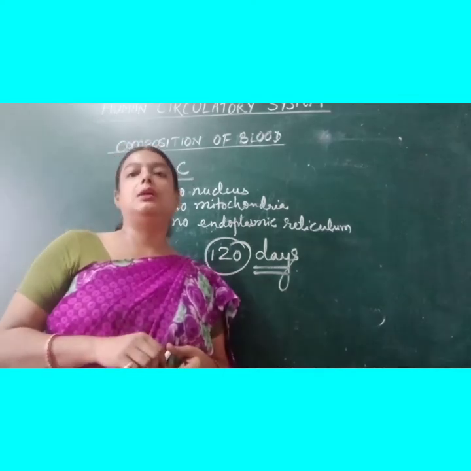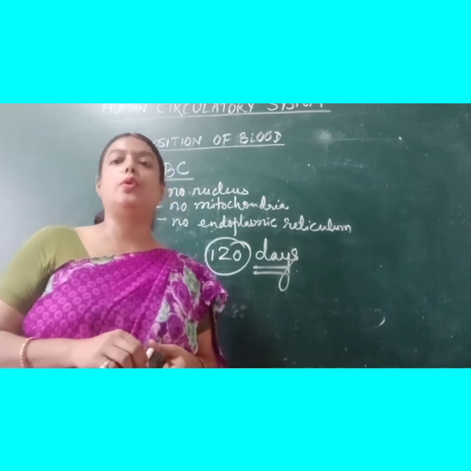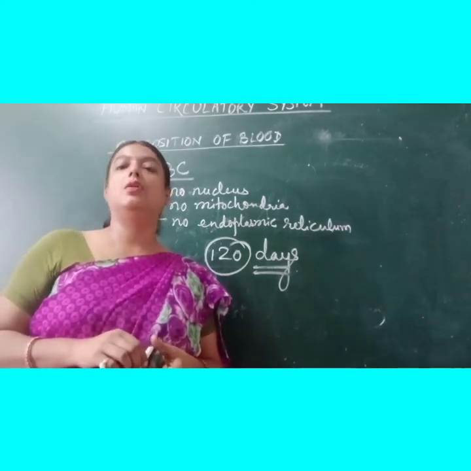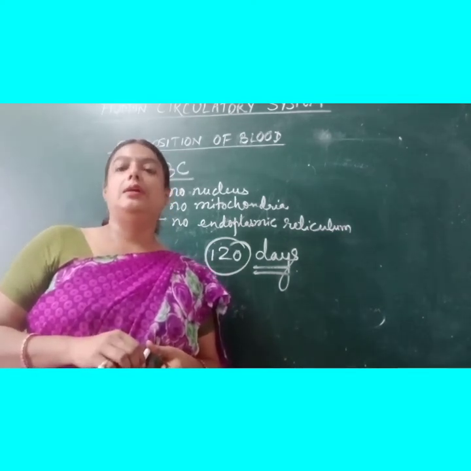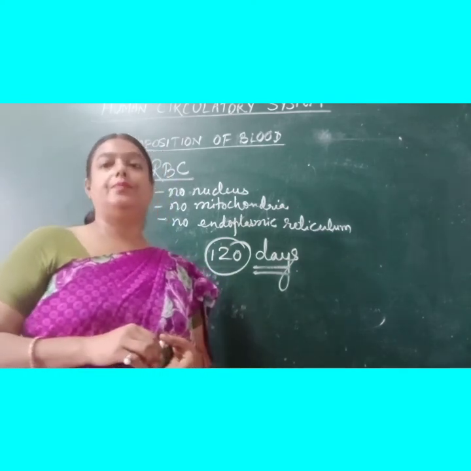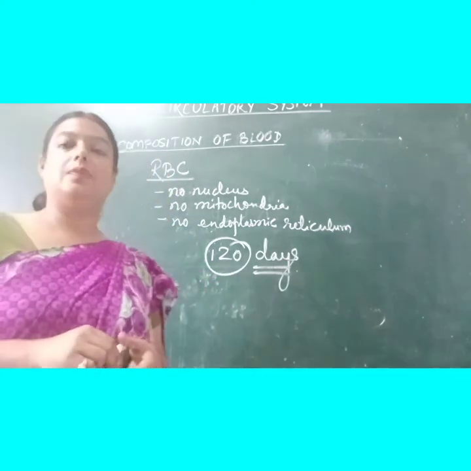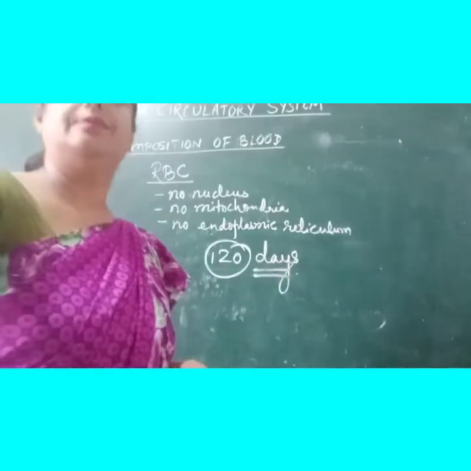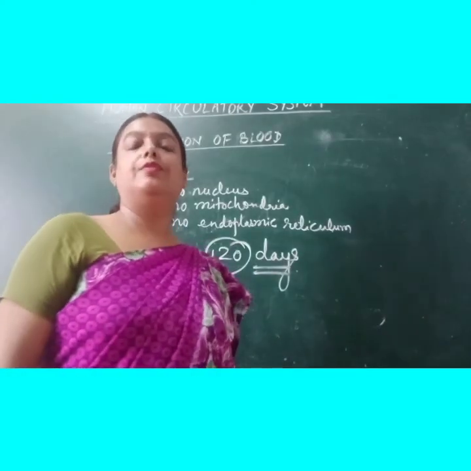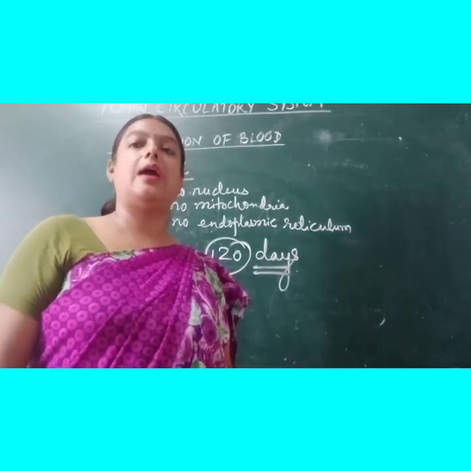When they are weak and old enough, they get destroyed in the spleen or liver, and the iron containing part will be retained in the liver itself. The rest of the part will be excreted as bilirubin.